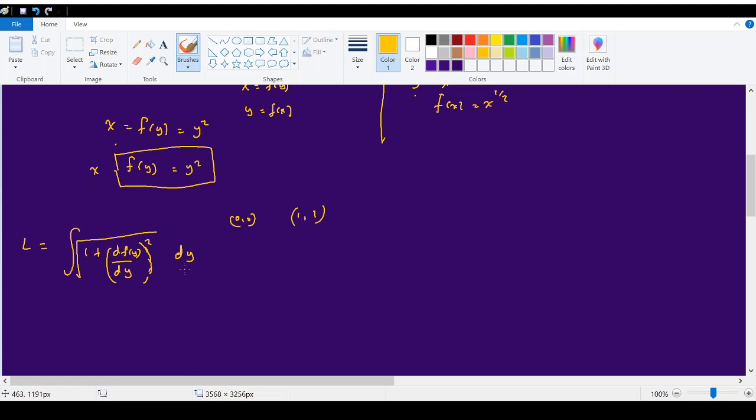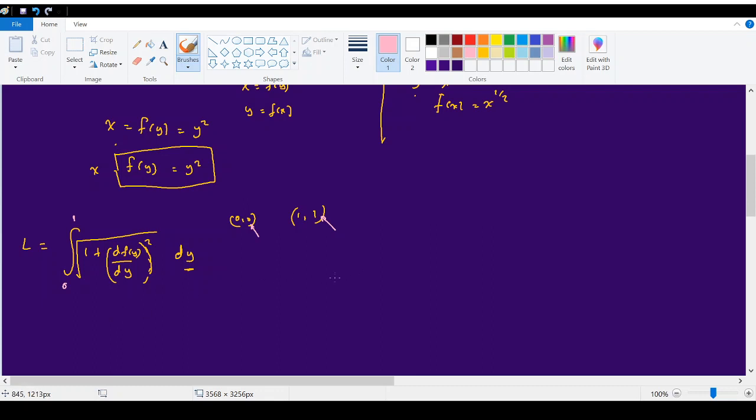And since the integral runs through the y variable, we have to consider the start point and the end point of the y variable. But of course in this case both are the same, right? Both x and y coordinates are the same, but be careful, you should choose the correct y values at both the start and the end points, right?